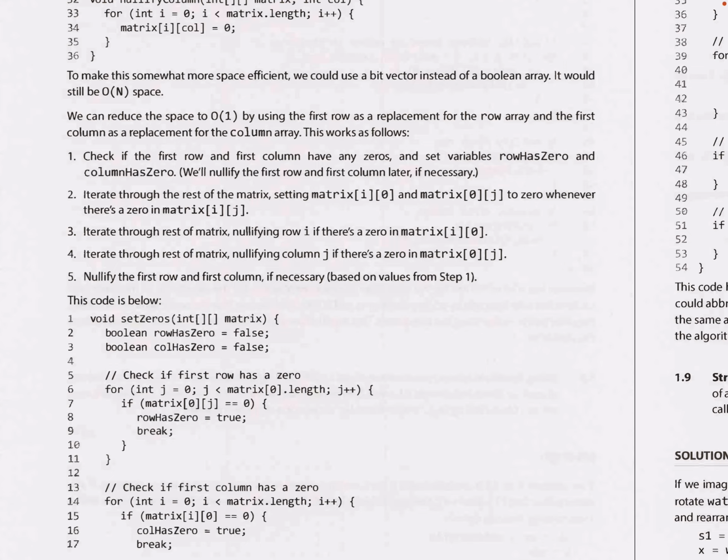So check if the first row and first column have any zeros and set the variables row has 0 and col has 0. Then iterate through the rest of the matrix.